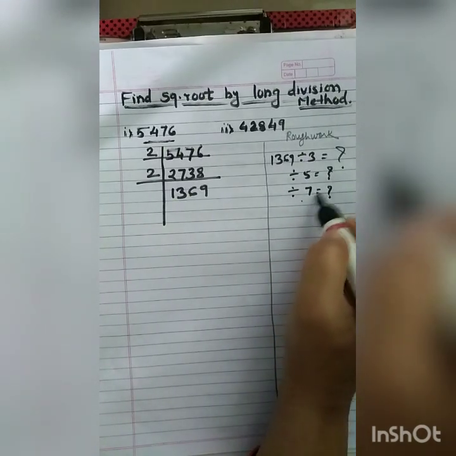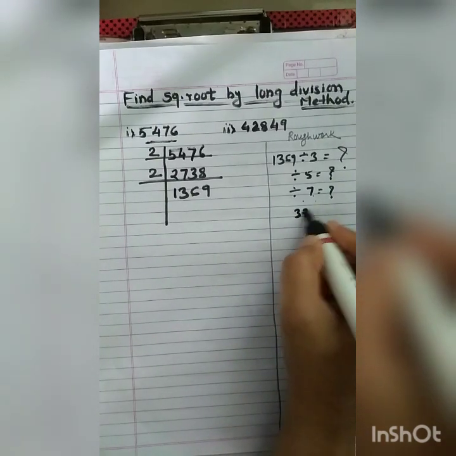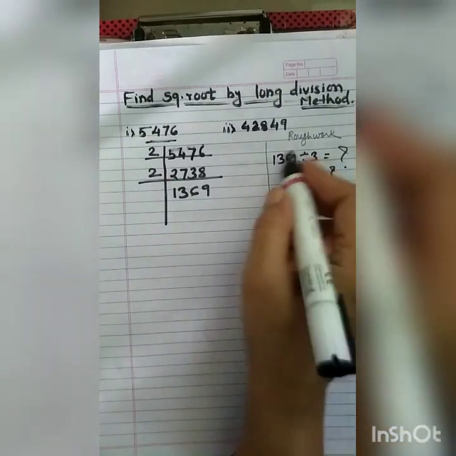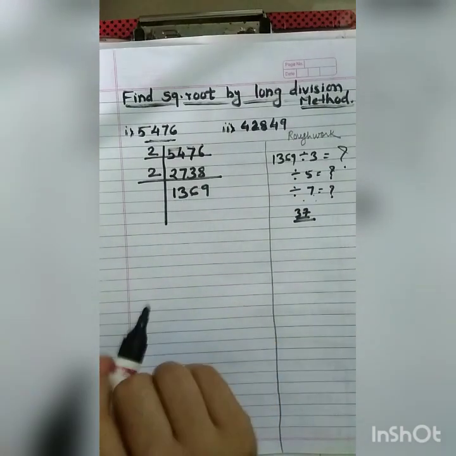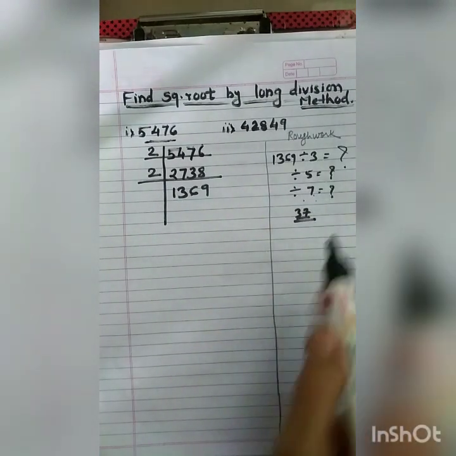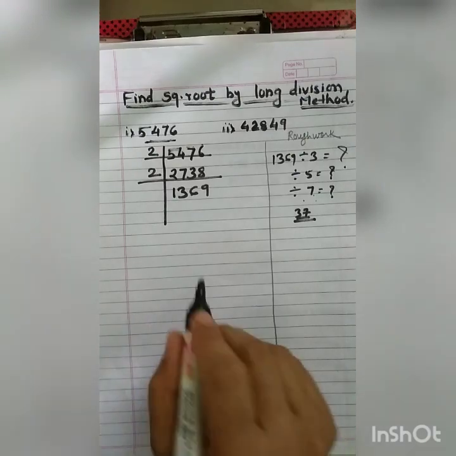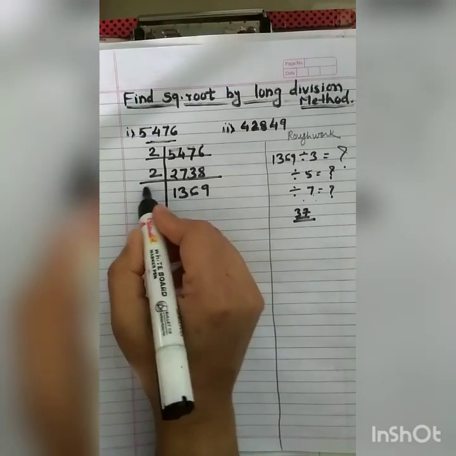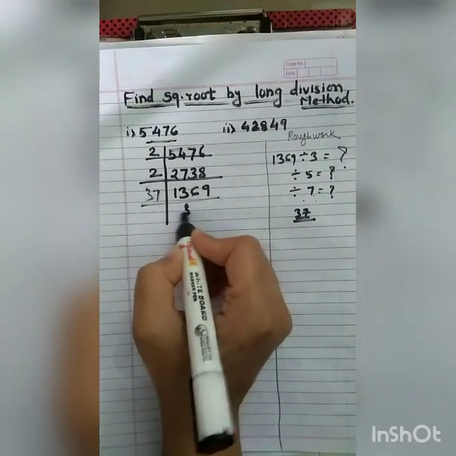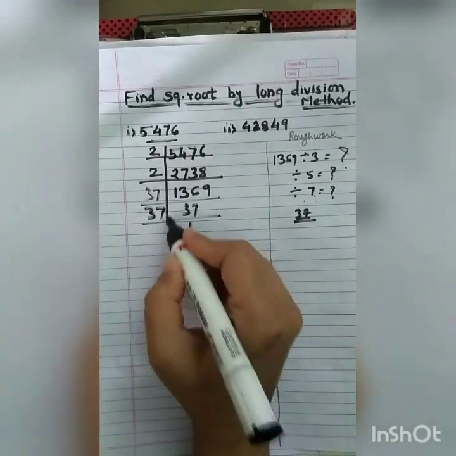So when you move till 37, then you will find the factor of 1369. Isn't it difficult that we have to divide this number up till 37? It is quite difficult and long. So by 37 we get 37, and then by 37 it will be 1.